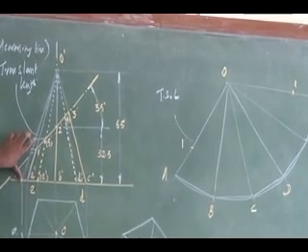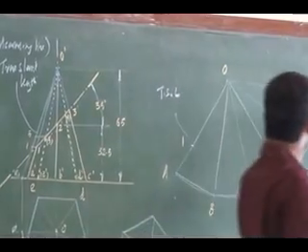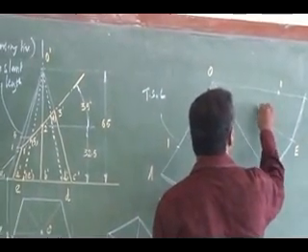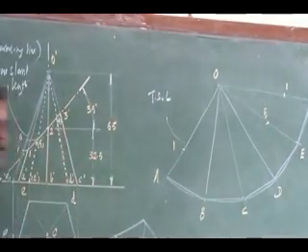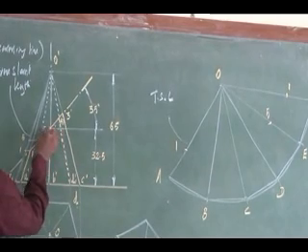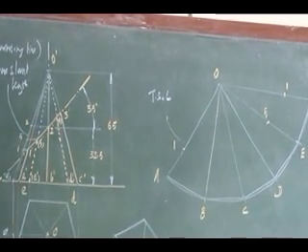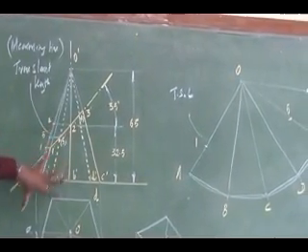Slant edge OE. Measure this distance and transfer it to OE. This is my cutting point 5. Similarly, cutting point 2. Measure the cutting point 2 distance from here and transfer it.